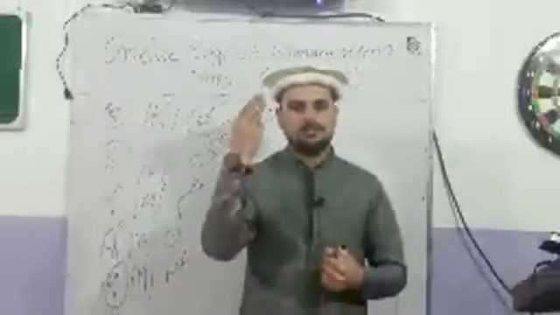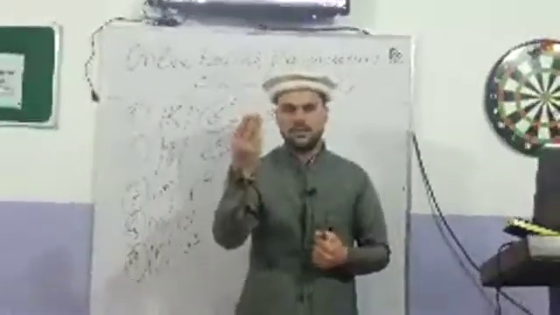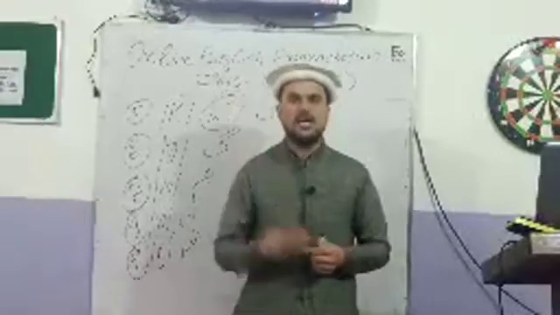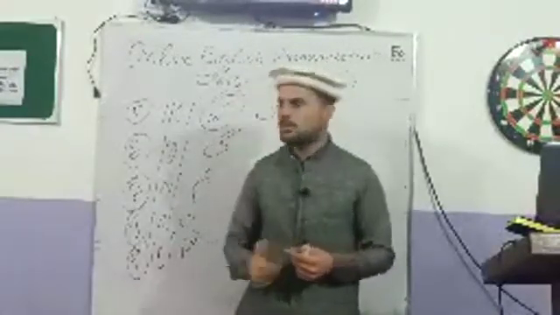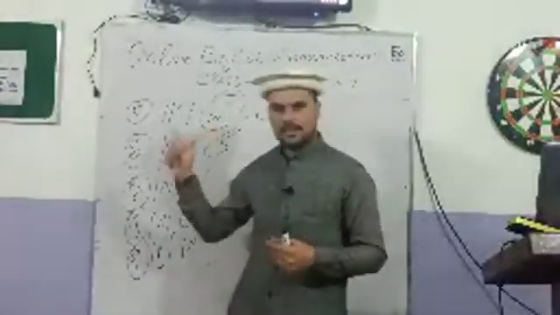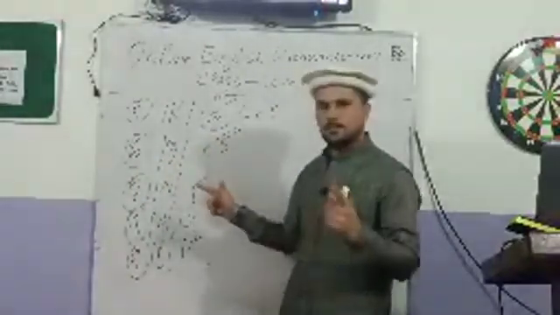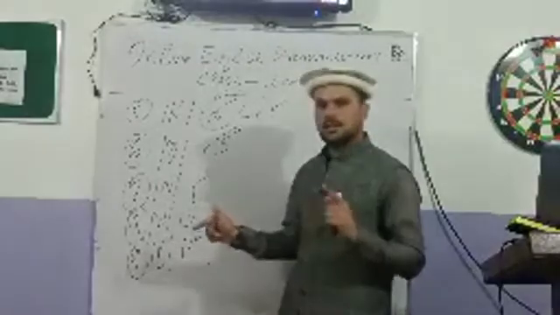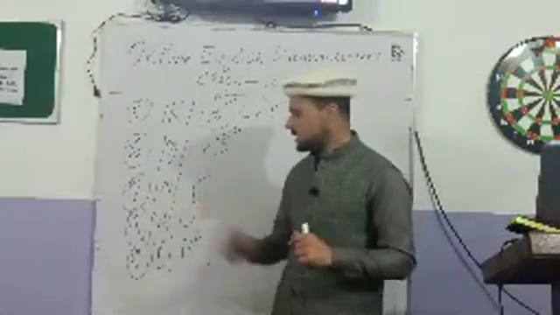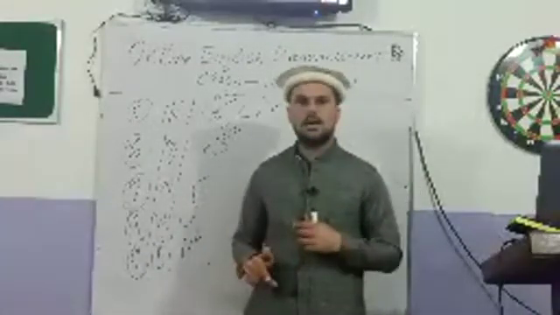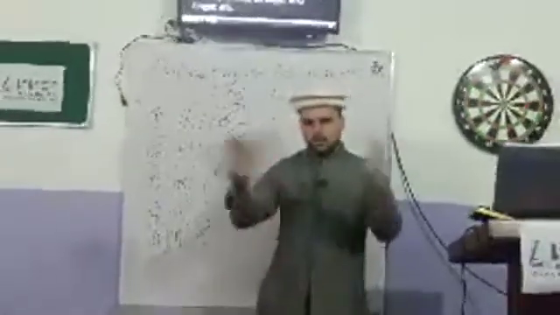T was the third sound, and d was the fourth sound. Then k, sound number 5. Then g, sound number 6. Then sound number 7, then sound number 8, and 9 the ng sound.